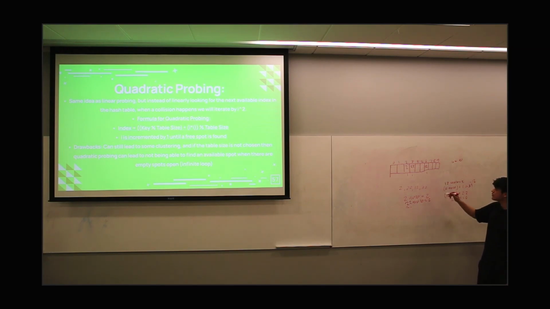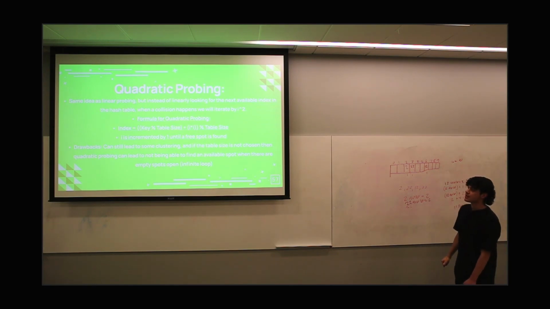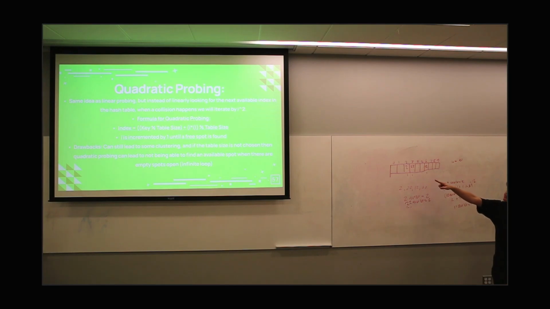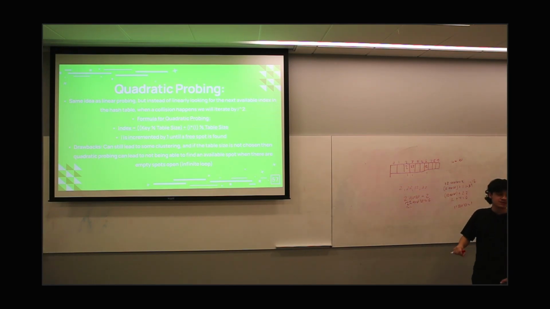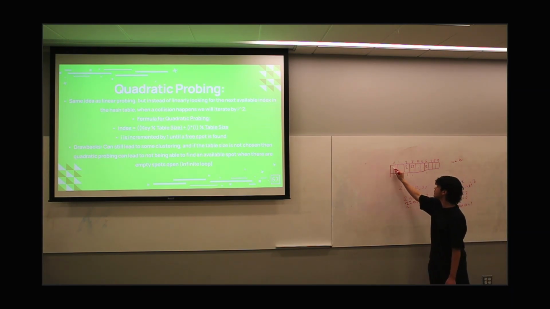Plus 2, it's going to be 11 modulo 10. So it's going to be a remainder of 1. That's why we have that extra table size at the end, to make sure that it falls within our table size. So in this case, 32 is going to go at 1.